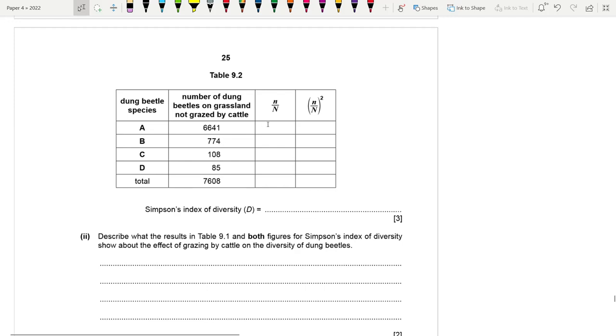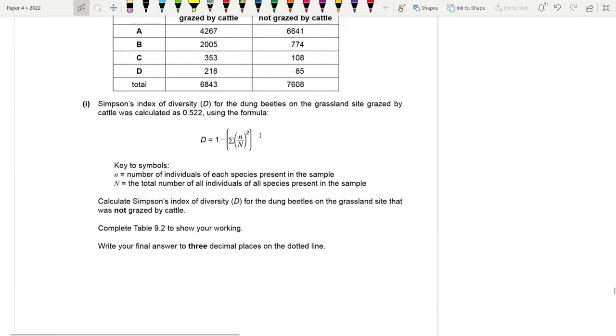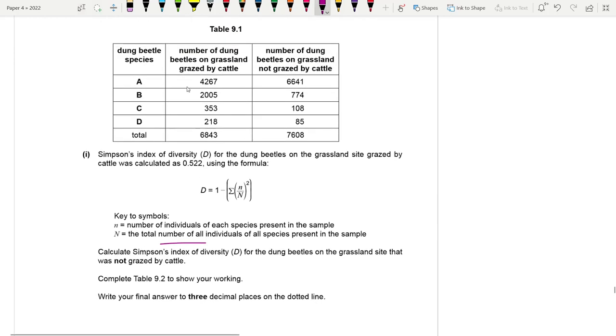Right. So what does capital N represent? It represents the total number of individuals, and small n represents the number of individuals of each species present in the sample. So let's start. We're going to find this one for the site that is not grazed by cattle, this one. So let's find out the total. It's 7608.